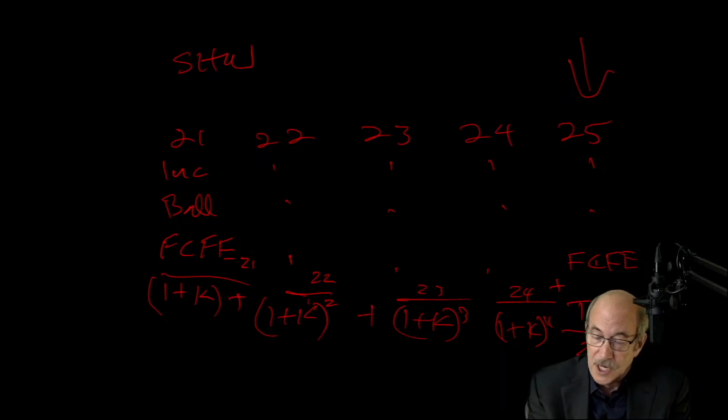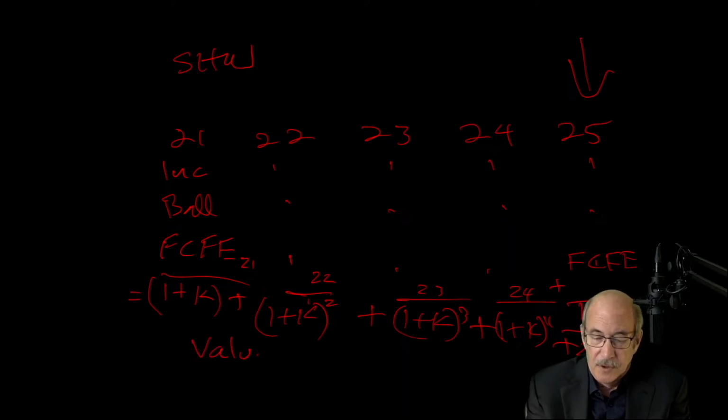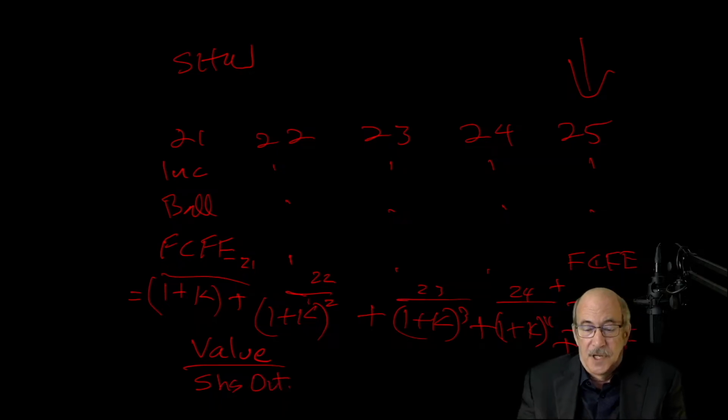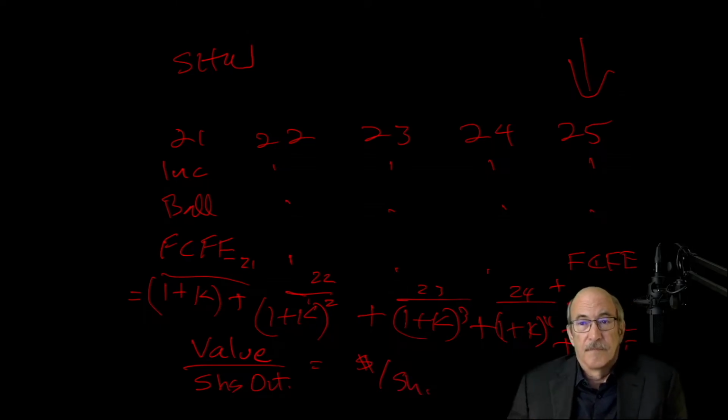We're going to add all those up, and that's going to be our discounted cash flow value of Sherwin-Williams. We're doing this on an aggregate basis, the total value of the company. Once we have this value, we'll probably want it on a per share basis, so we'll divide it by the shares outstanding, and that'll give us dollars per share. So that's where you'll be heading once you've done these pro forma financial statements.